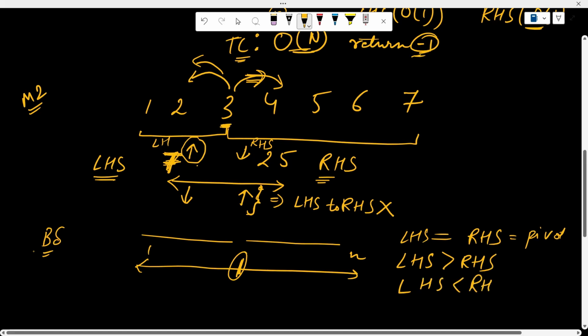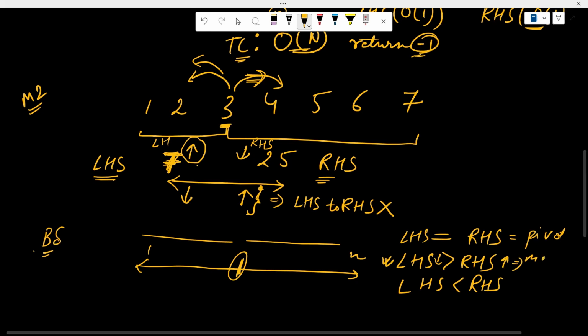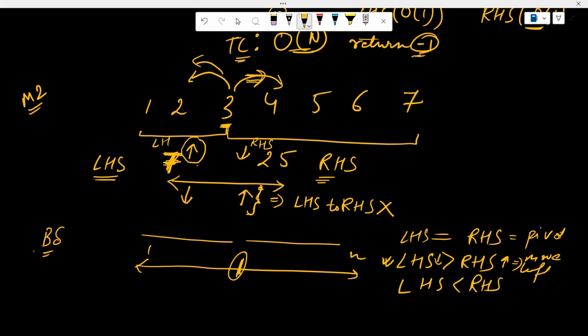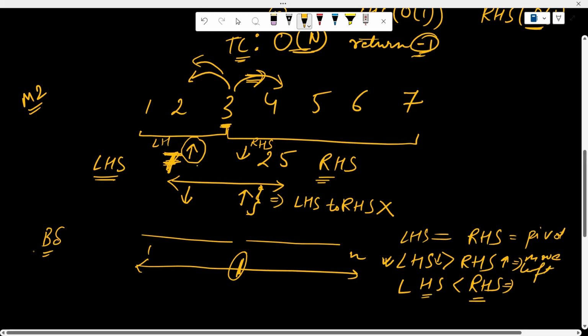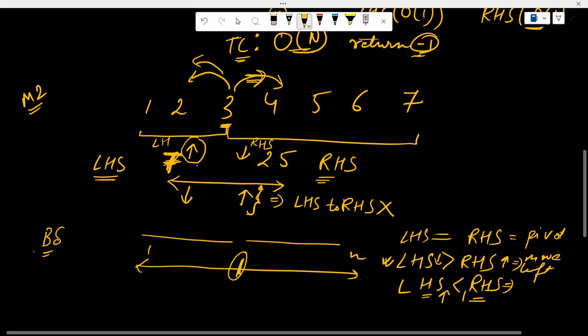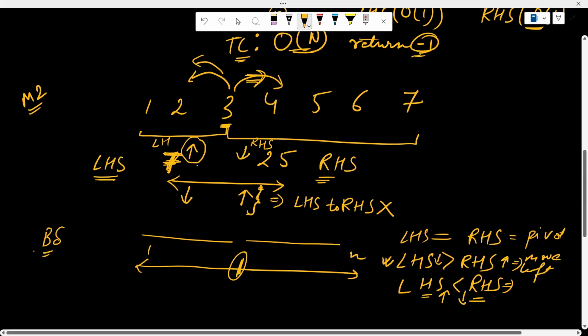Only these two cases can arise. If LHS is greater and we want to make it equal, then we have to reduce the LHS and increase the RHS. In that case, we have to move left. And if RHS is greater and LHS is smaller, we have to increase LHS and decrease RHS. In that case, we have to move right.